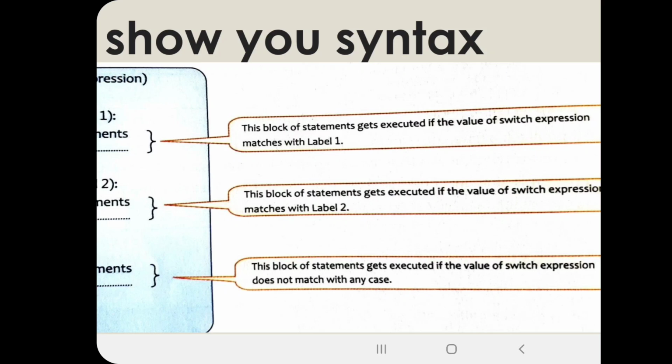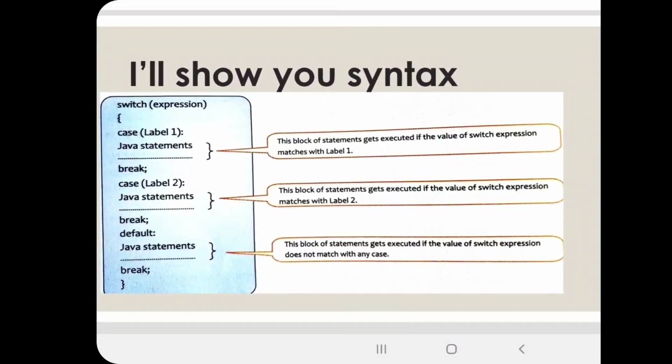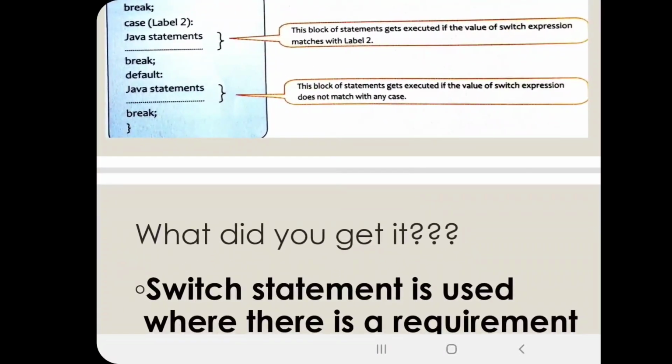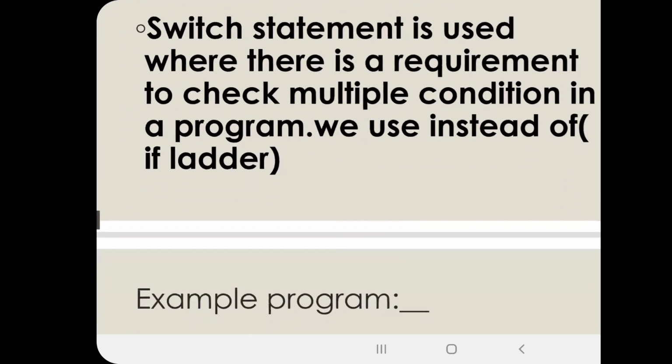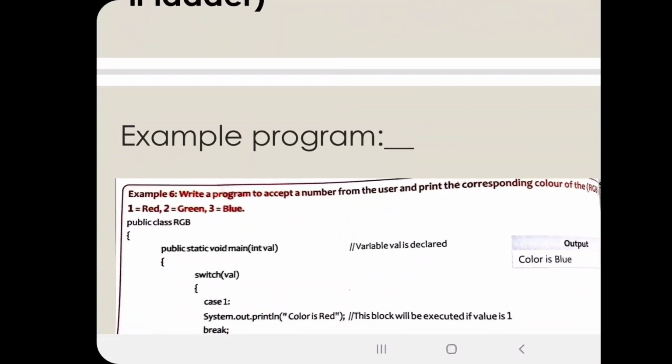This happens by default, meaning it happens automatically. So a switch statement is used where there is a requirement to check multiple conditions in a program. We use it instead of the if ladder, as I told you in the beginning. If a case is satisfied, that block gets executed; otherwise it goes to another block. This is the simple process.